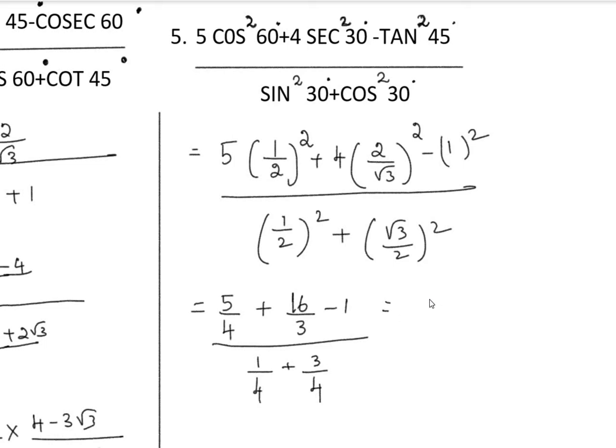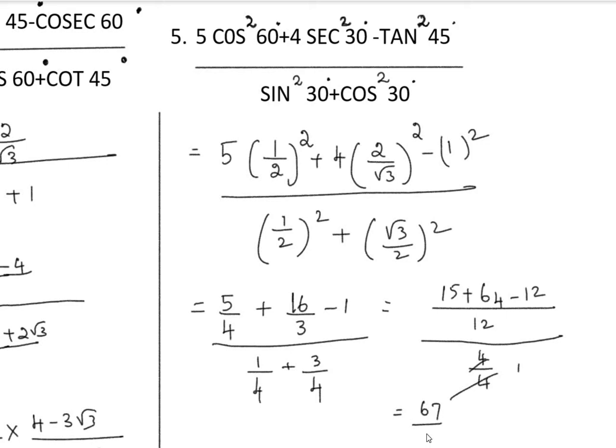So the LCM was 12 in this numerator. 4 3s are 12, so 5 3s are 15, plus 16 4s are 64, minus 12, by 1 by 4 plus 3 by 4 is 4 by 4. When I cancel, nothing else, only 1, right? So 15 plus 64, 79. 79 minus 12, 67 by 12. So the final answer is 67 by 12.